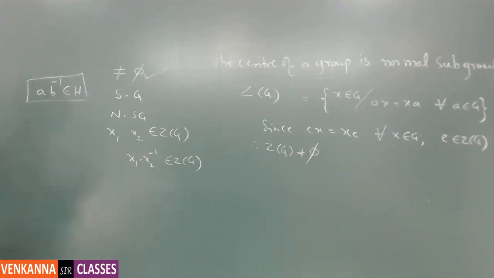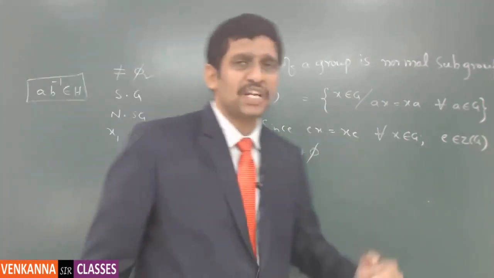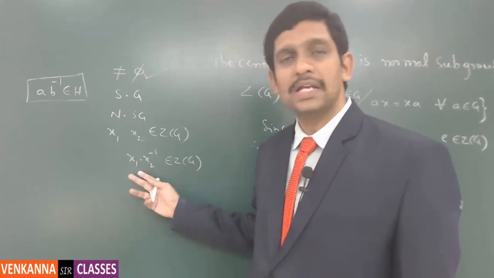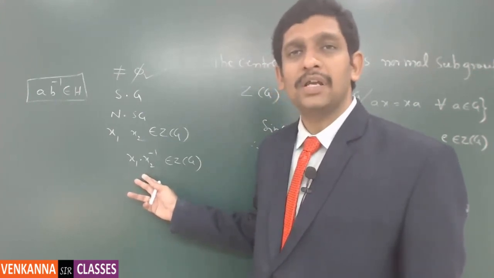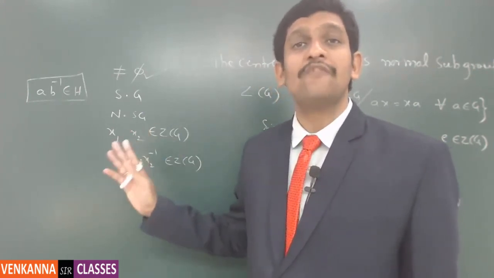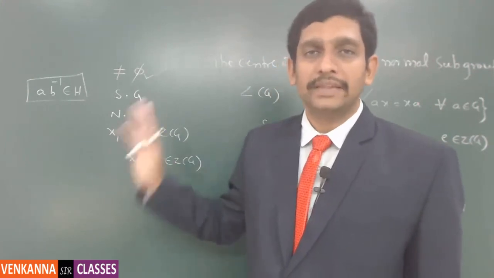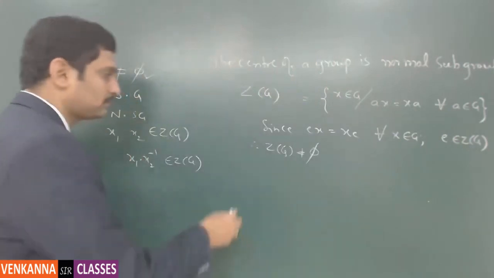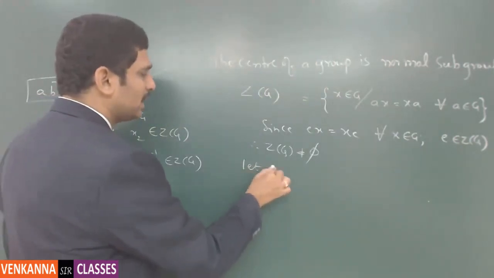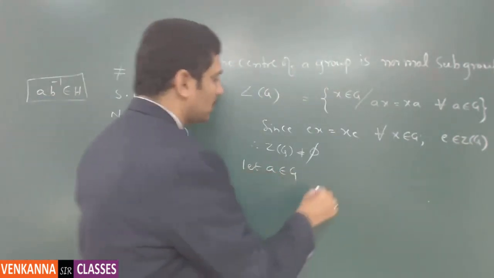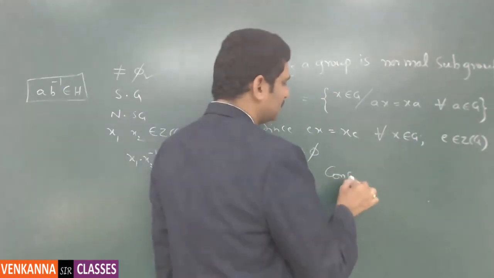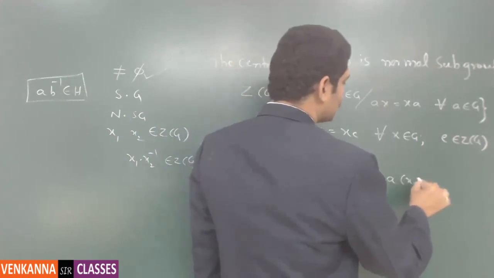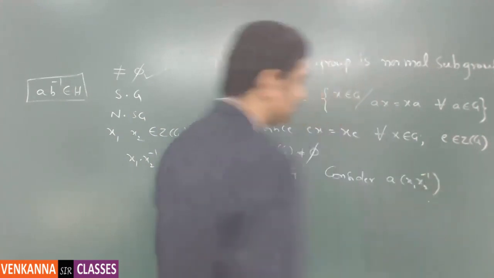So whenever you take two elements, this value must belong to the center. As per the center definition, this element must satisfy the commutative property with every element of G. Then only it will belong to the center. So if you take an element a belongs to G, you consider the value a into x1 into x2 inverse.